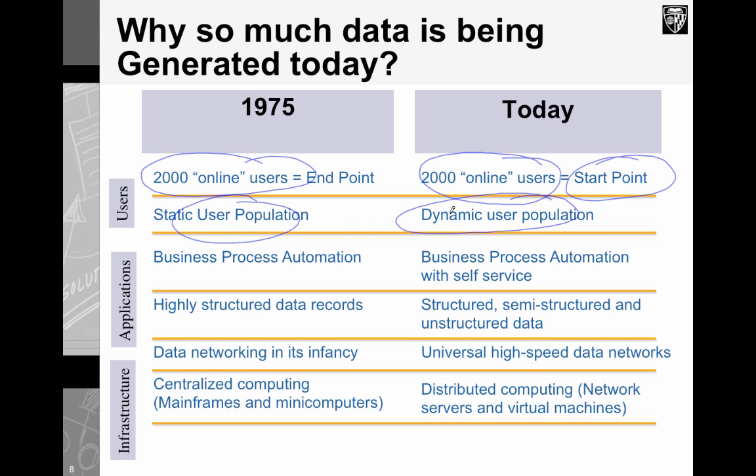In the 1970s, people built applications for business process automation. For example, at AT&T, they built applications for their employees to take in orders from customers whenever you wanted to order a telephone line. Today, customers want self-service. So it is also business process automation, but it's for customers to access their data, their billing, and to self-provision.